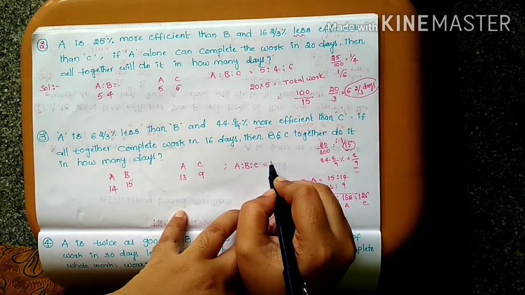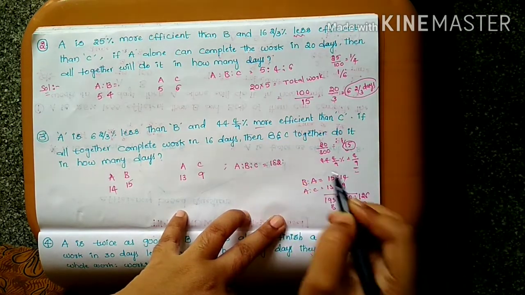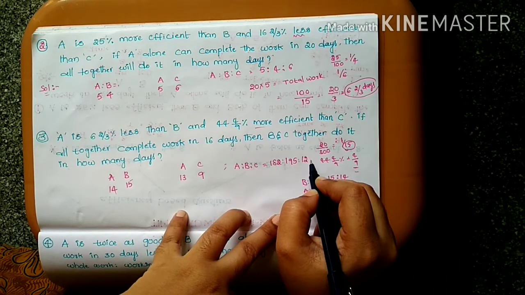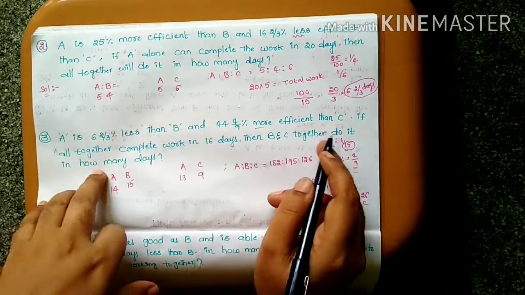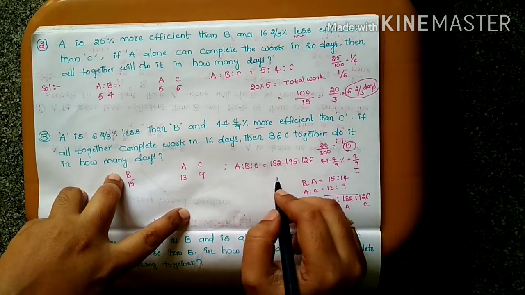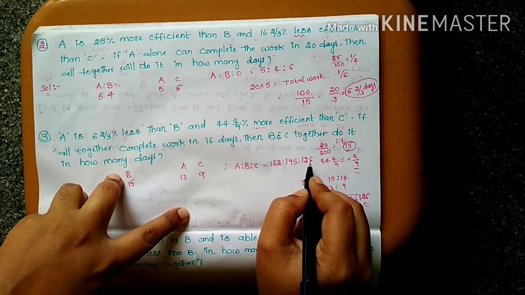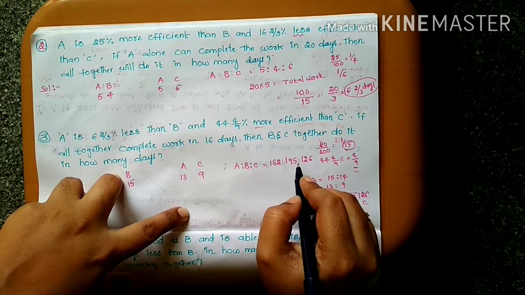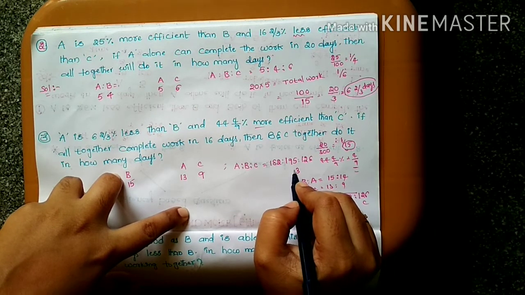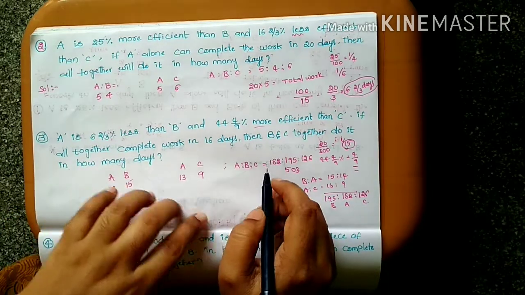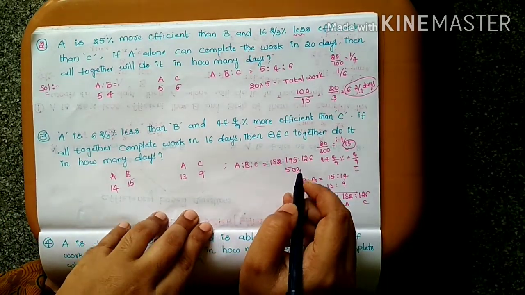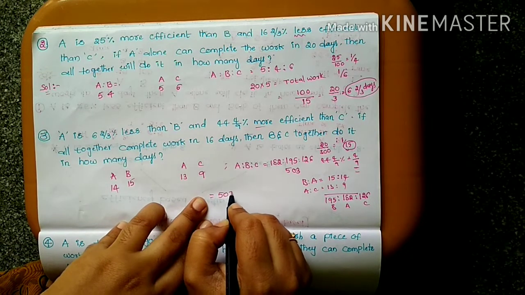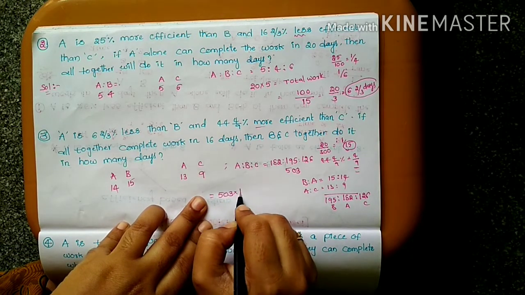So 182 to 195 to 126. Here all together is 503. That is equal to 503 into 16 days.